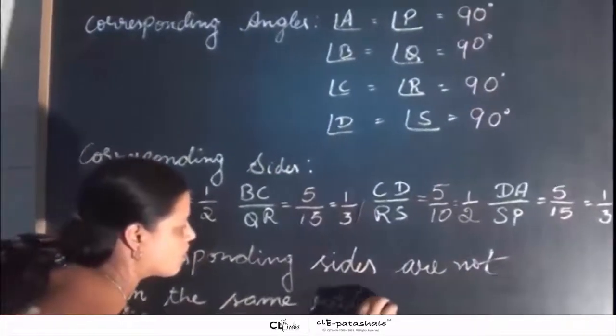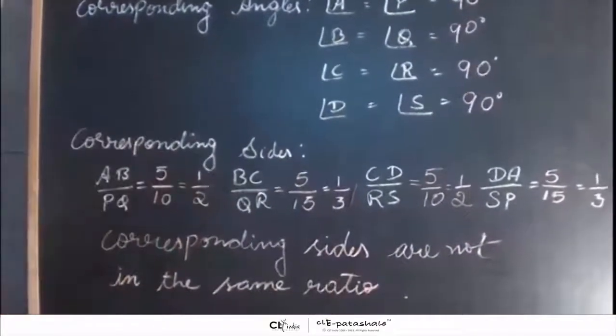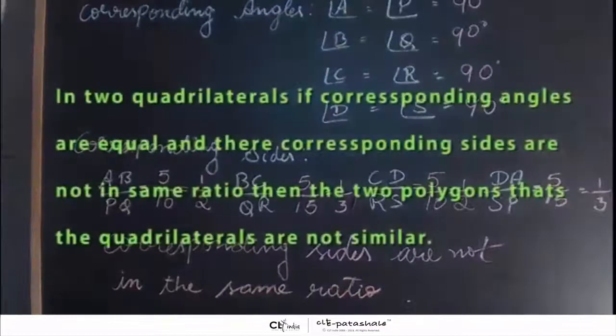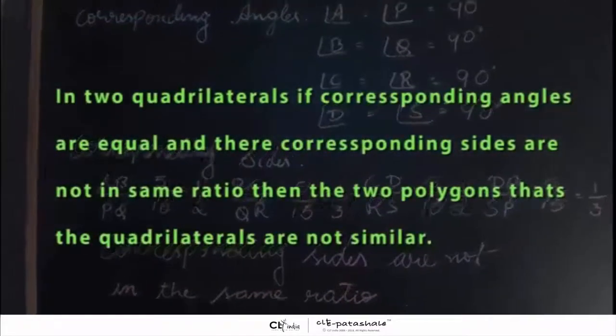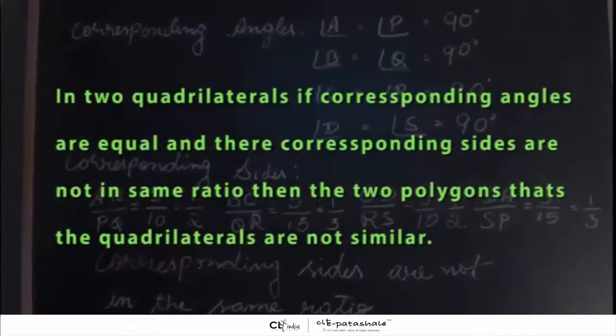So what can we conclude from this activity? So we can say that in two quadrilaterals, if corresponding angles are equal and their corresponding sides are not in the same ratio, then the two polygons, that's the quadrilaterals, are not similar.